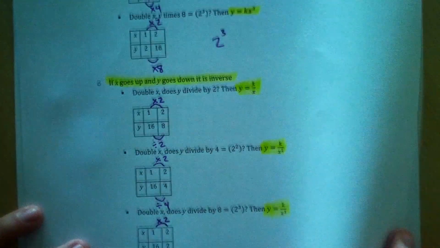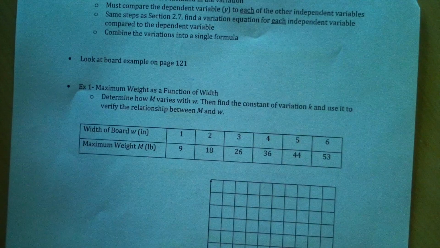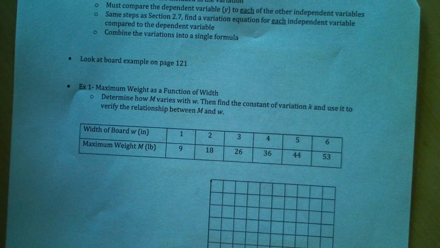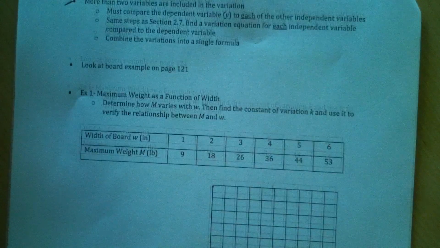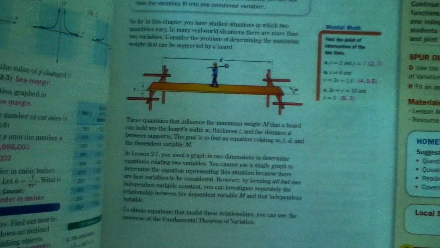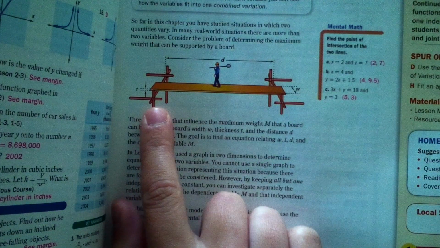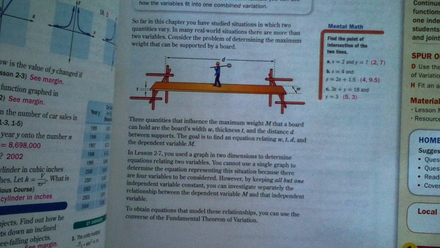Okay, so we're going to use that to go through this board example here. We talked a little bit on Friday about this as well, but that board example, if I flip to it in the book here, is where there's a construction worker walking, and we talked about what's a better board to walk on. Is a thinner board or a thicker board better to walk on? A thicker board, right? And then what about a skinny board or a wider board?